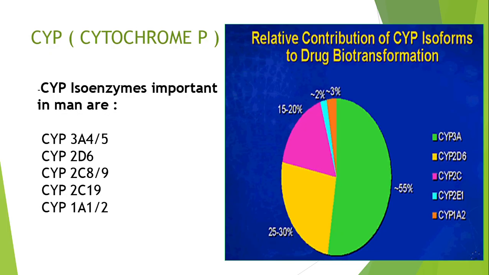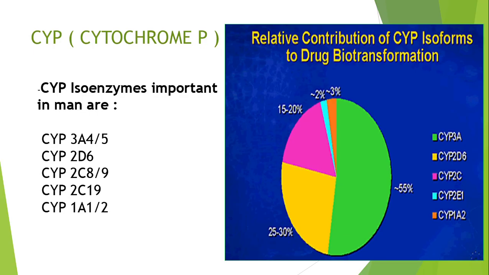The cytochrome P450 CYP isoenzymes important in man are CYP3A4/5, CYP2D6, CYP2C8/9, CYP2C19, and CYP1A1/2. This picture shows the relative contribution of cytochromes to drug biotransformation.